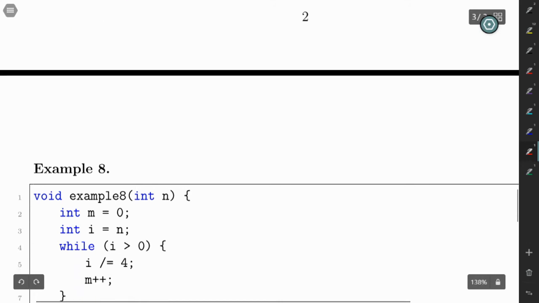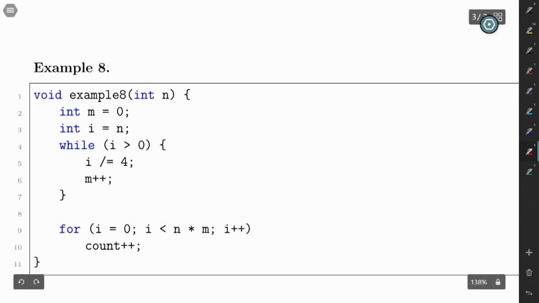Okay, for example 8, we have quite a bit of things going on here. So let's take a look at this while loop. We initialize I to be n. As far as we're concerned, we're just working with n here. I just wanted to save n into I so that we can reuse n down in the next loop. As far as this loop is concerned, we're going to be cutting I by 4 each time.